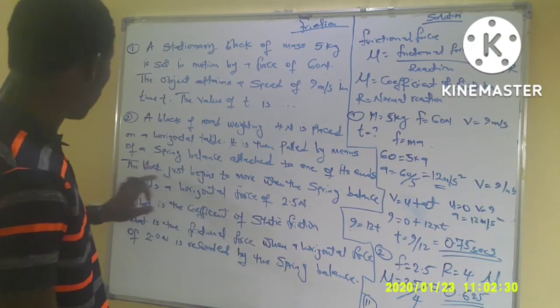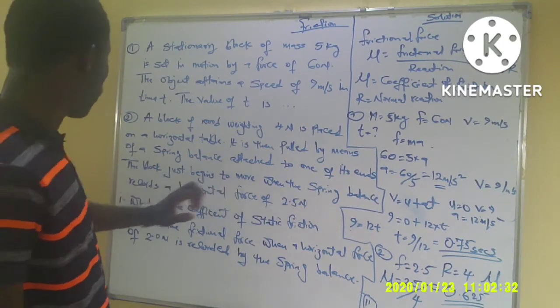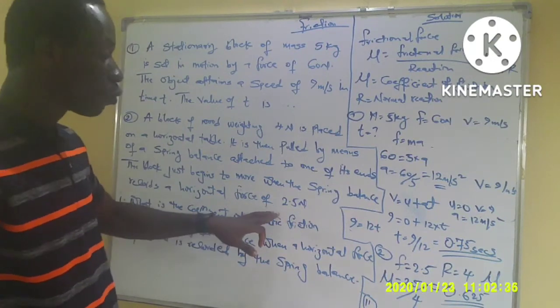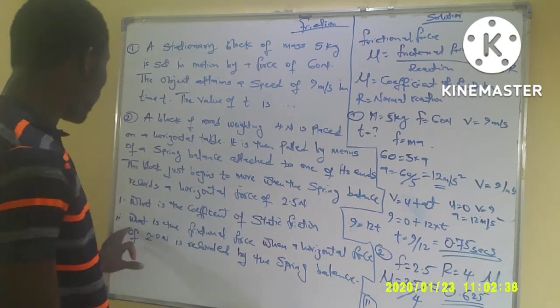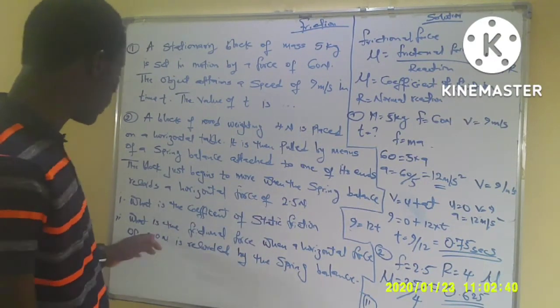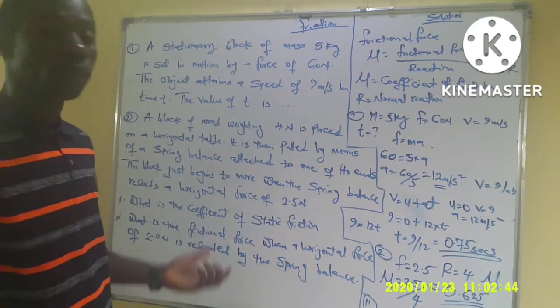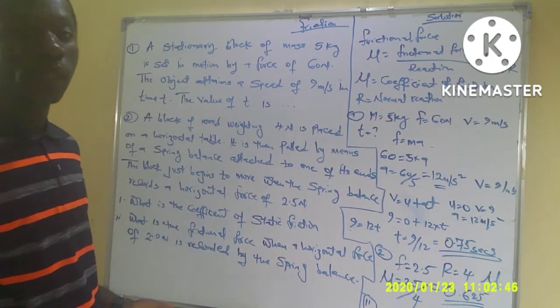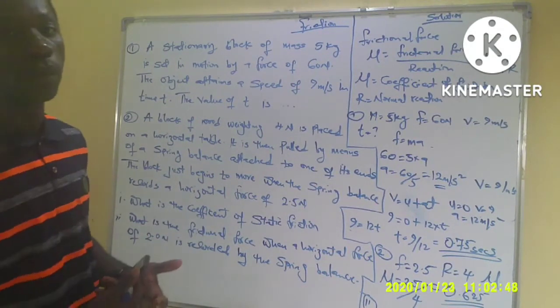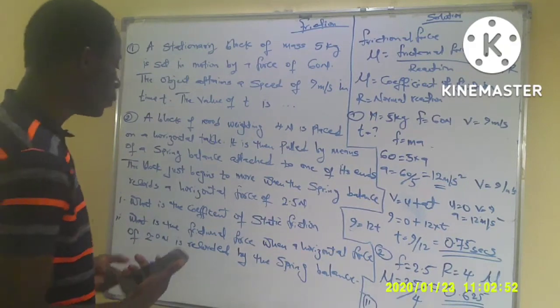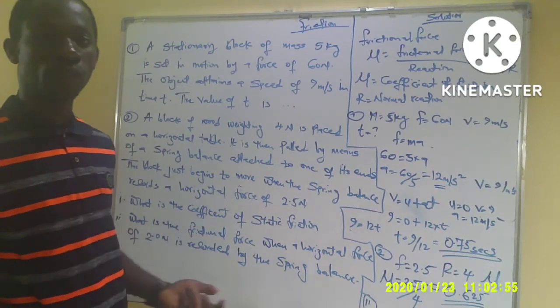That is, the body just begins to move when the spring balance records that, so the maximum force needed to move the body was 2.5 Newton. Now they are asking, what is the frictional force when the horizontal force is 2.0? So there's a reduction in the force now. The force that moves the body from rest was 2.5, and now the spring is recording 2.0 Newton.